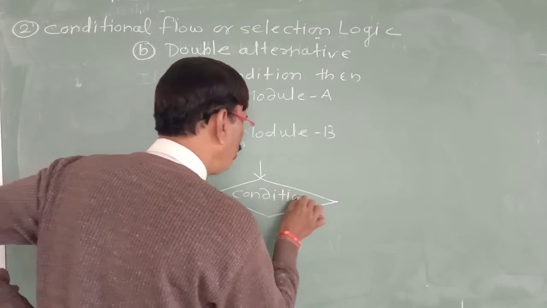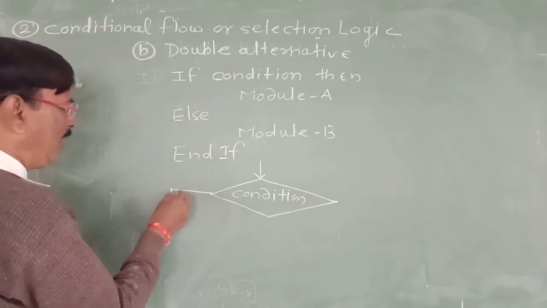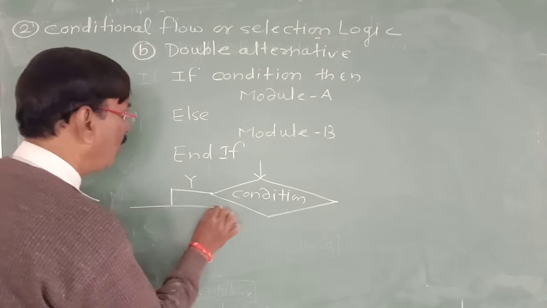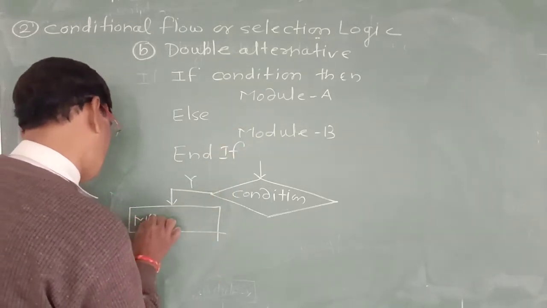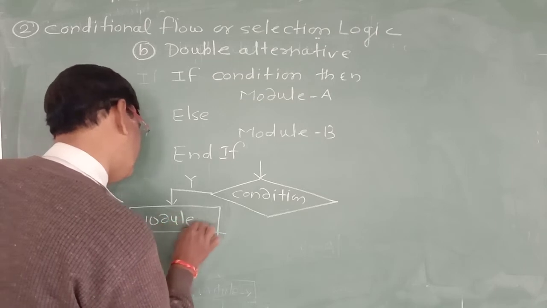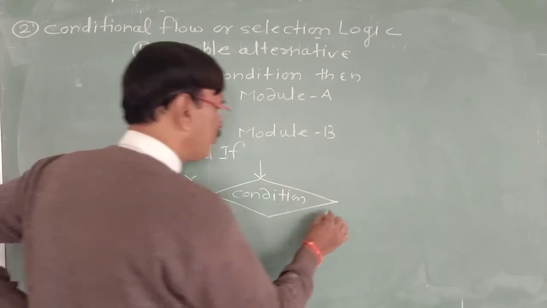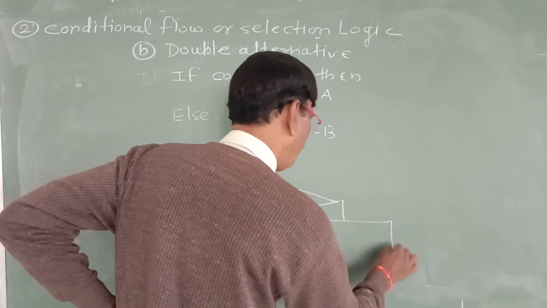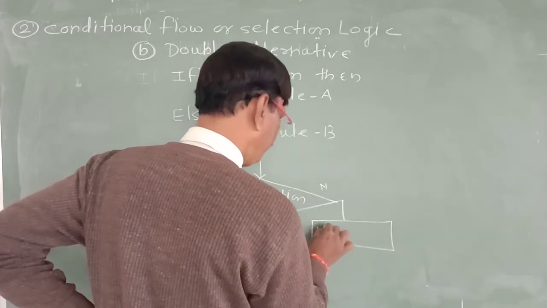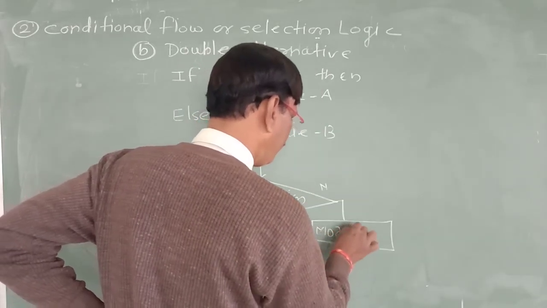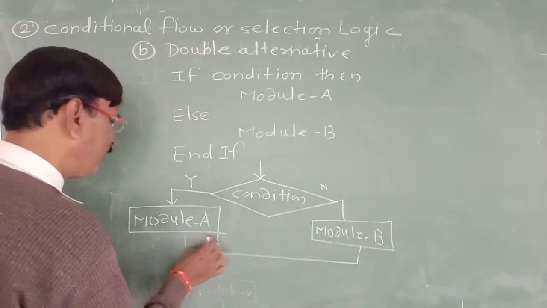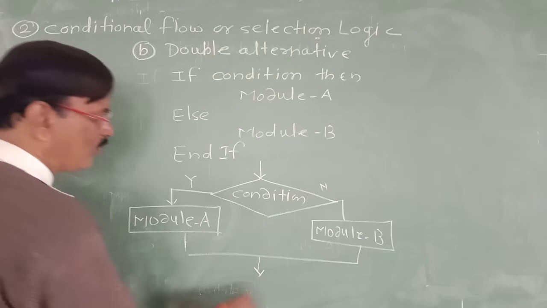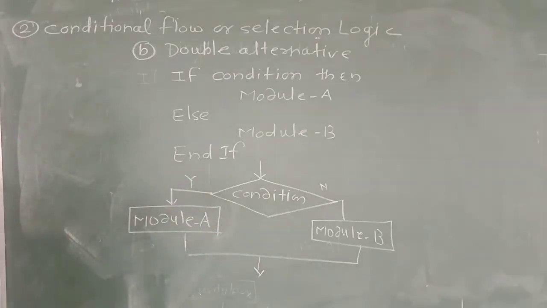If the condition is true, then it will come to module A. Otherwise, module B is there. But either one will be there, like this.